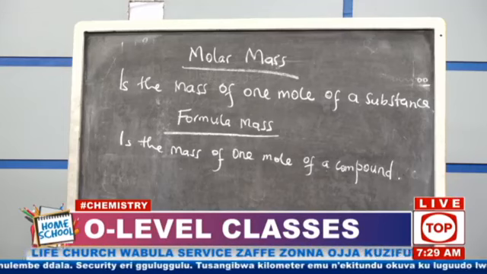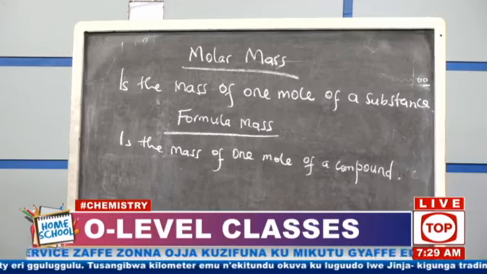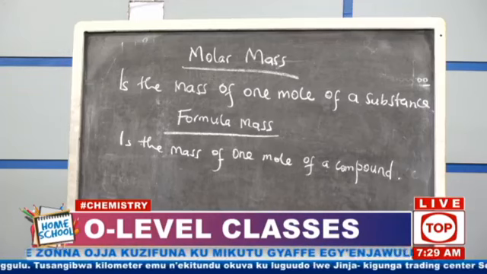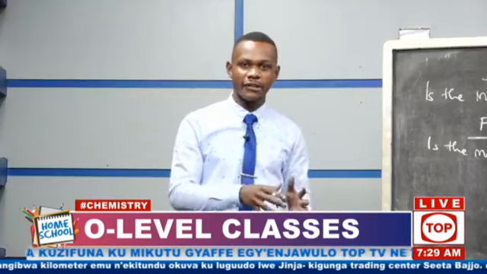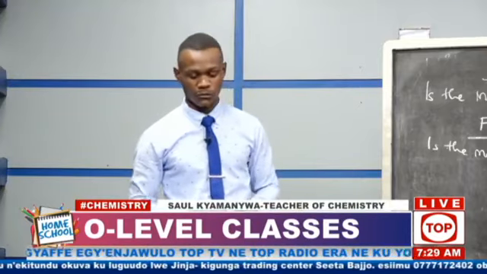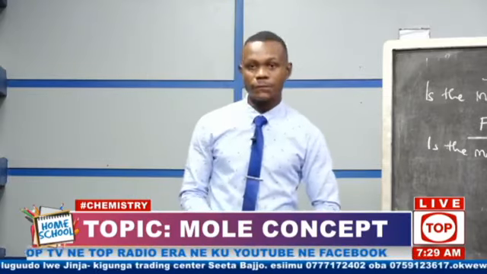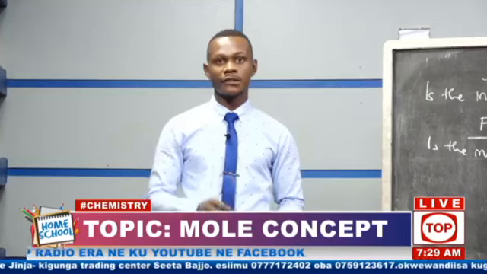Because it is a mixture of substances, for each substance I add this one, I add this one, and I get the formula mass, because it is the total. So let us look at the first example on slide 15.